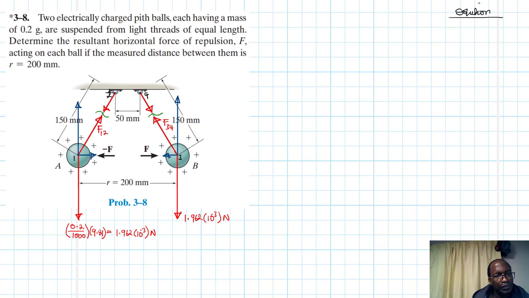This is this distance here, from here to there, and this one here is equal to this distance here.